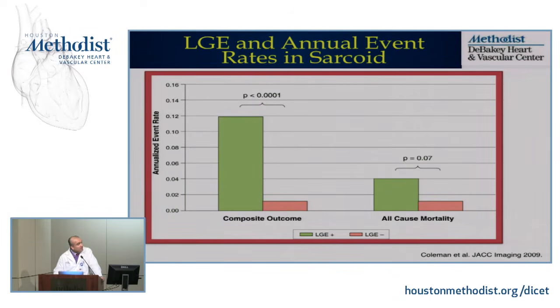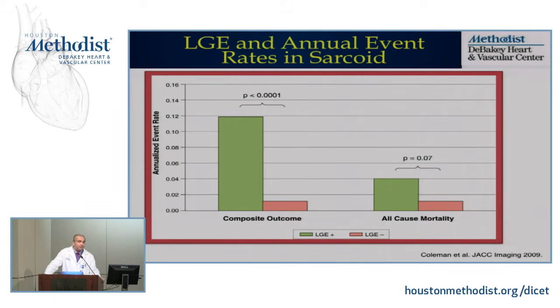More importantly, in that study, as well as in now several studies which have been done and summated together in this meta-analysis of 10 studies with over 700 patients, if you have extracardiac sarcoid and you have evidence of LGE within the heart, the prognosis is much worse than if you don't have evidence of extracardiac, or then you don't have evidence of LGE. Again, suggesting that this is able to identify myocardial damage secondary to sarcoidosis.